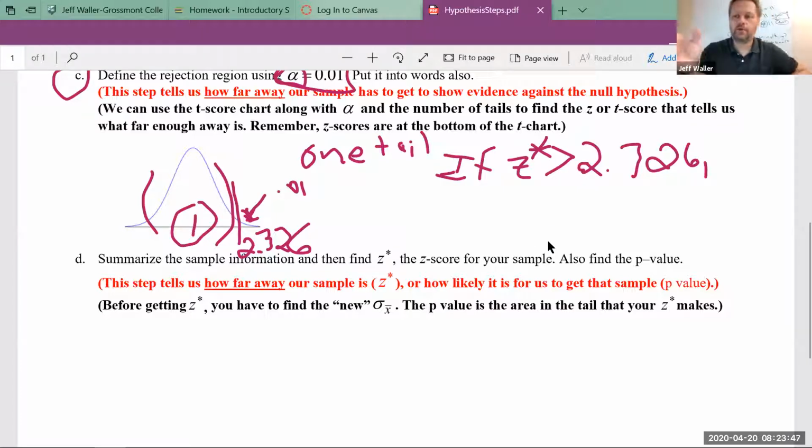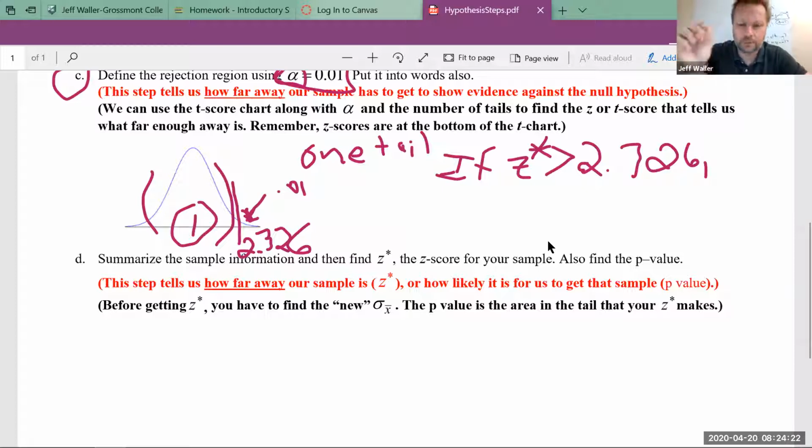It's sort of like when we flip a coin. If you flipped a coin 500 times and got 480 heads, wouldn't you say that's evidence that something's been done to that coin? Because if you flip a coin 500 times, how many heads do you expect? What's the average number of heads? 250, right? Half of them. So 480 heads is so far away from what should happen that it's evidence that the coin's average heads is different.